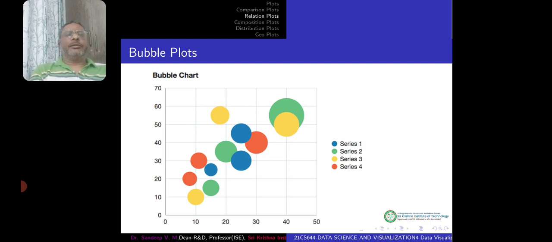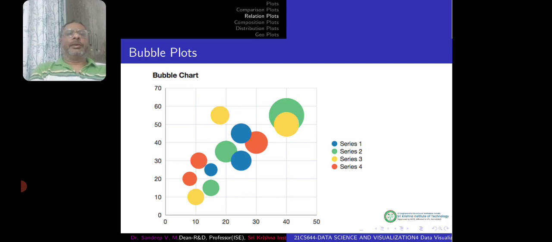What all information can we get? The first one, here we have plotted four series of data together. We used different colors. Then for each data point, the size of the bubble is changing. That indicates the value of that particular data for that series.